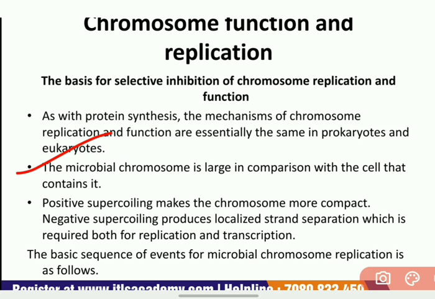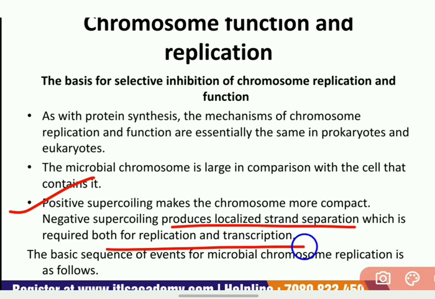Here, the shape of the chromosome is manipulated by the cell by the formation of regions of supercoiling. Positive supercoiling makes the chromosome more compact. Negative supercoiling produces localized strand separation, which is required for replication and transcription.